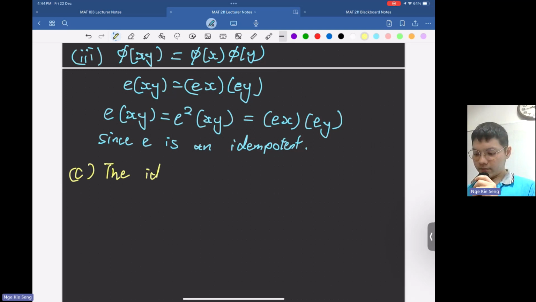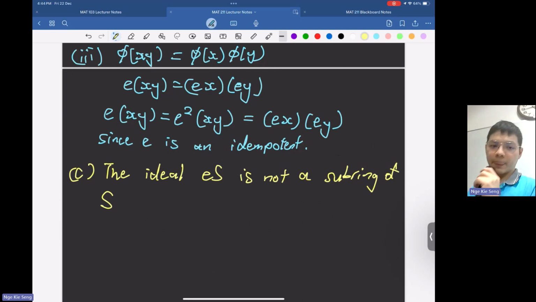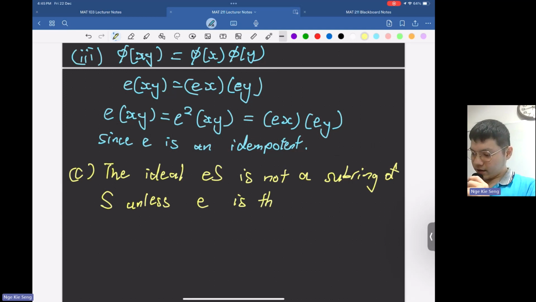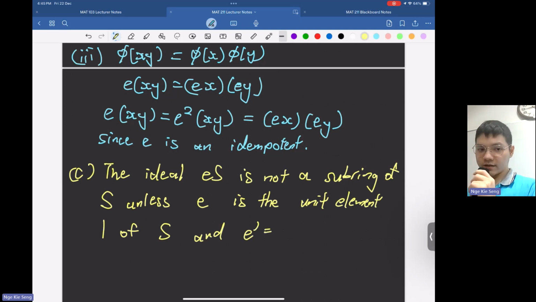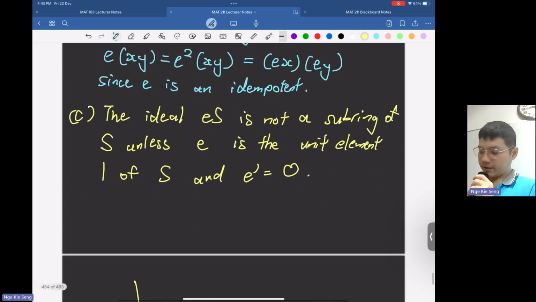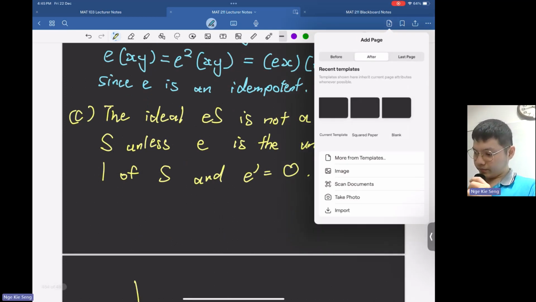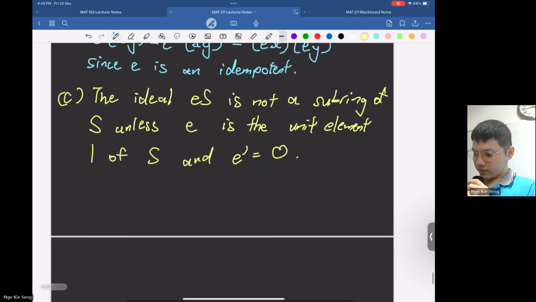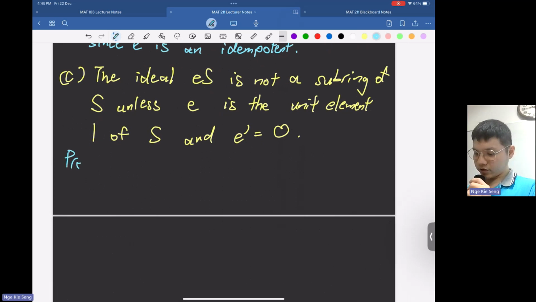The ideal EX is not a subring of X, although it's a subset, unless E is the identity of X. Okay, it is so only if E is the identity of X. And also E prime is just 0. Okay, maybe you try and show this.